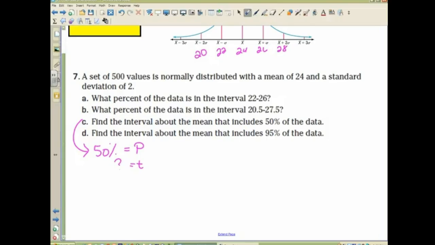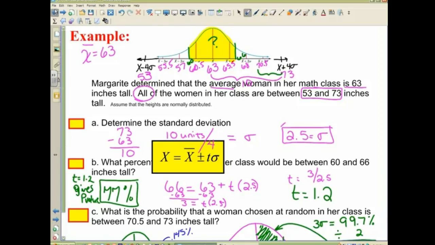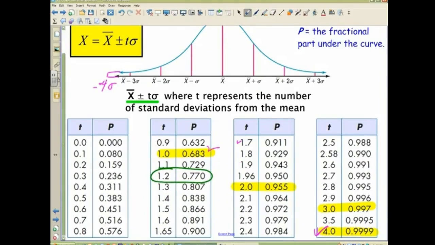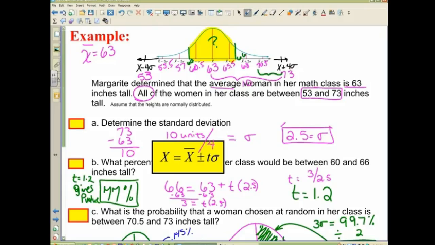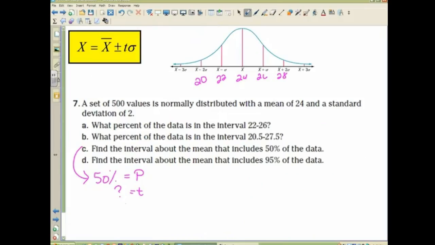What is the corresponding t-value of that? So let's go to our table, look up for 50%. I'm going to hit clear on this too. 50%, about closest right here, has a t-value of 0.7. So t is 0.7.